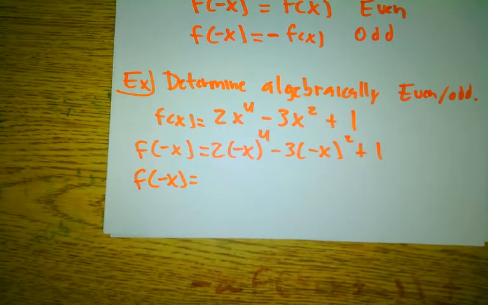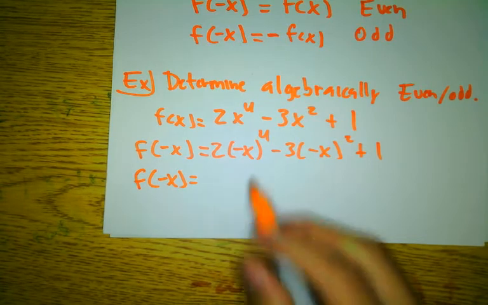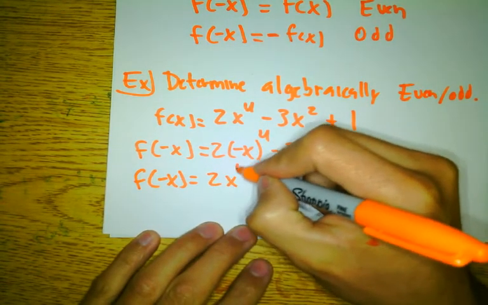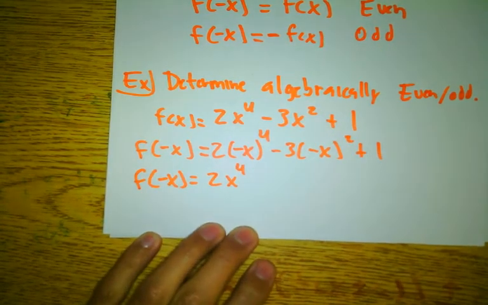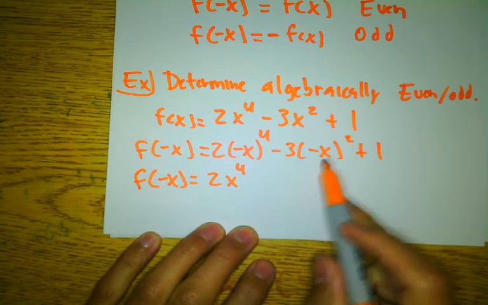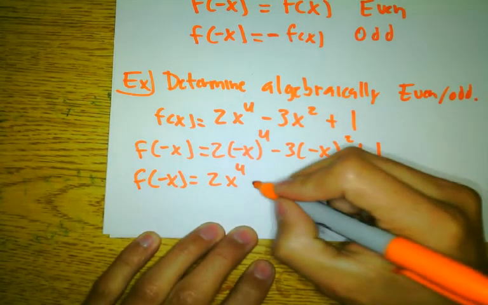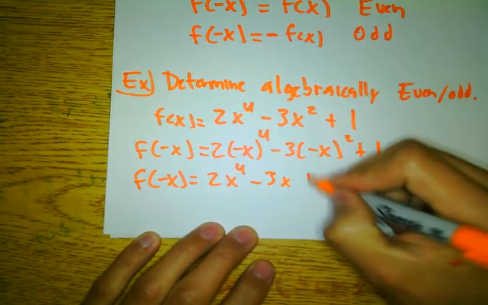Positive x to the power of 4 times 2. So this becomes 2x to the power of 4. Agreed? Okay. What is negative x to the power of 2? Positive x squared times a negative 3. Negative 3x squared plus 1. Okay.